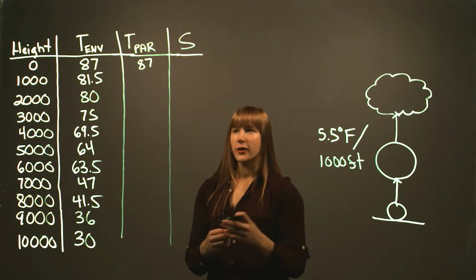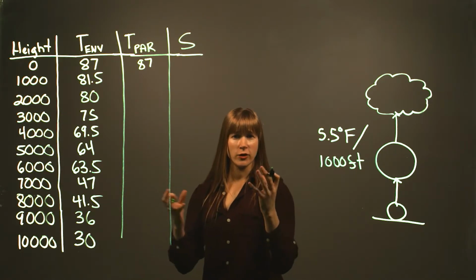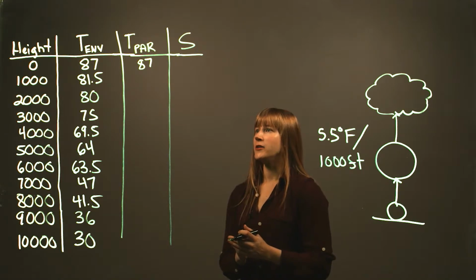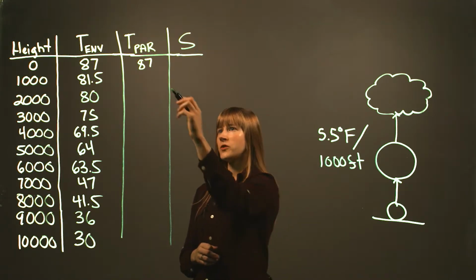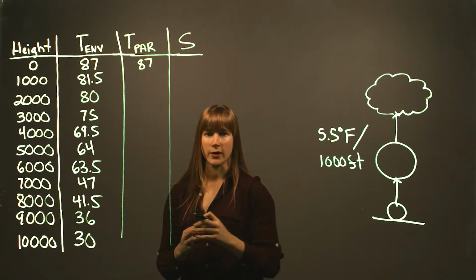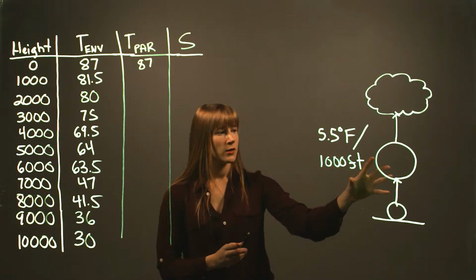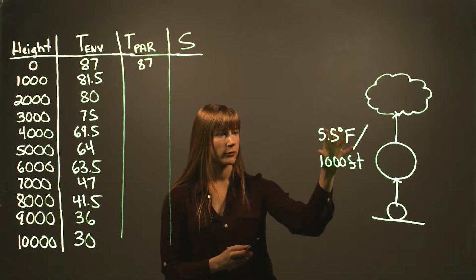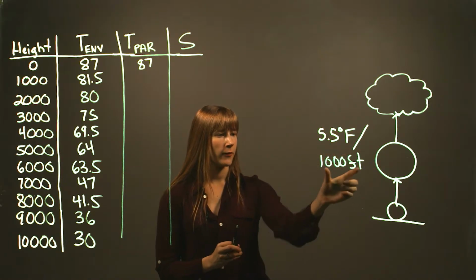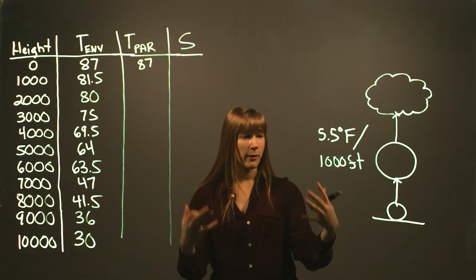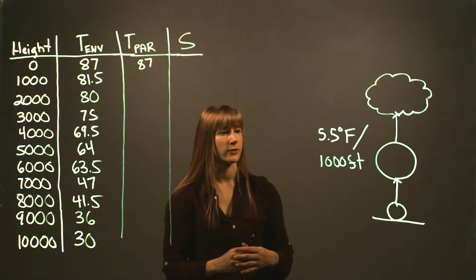Now, if you have a calculator, great, and you can do this in your head as well. If you are doing this in your head, it might be easier to work in 2,000 foot increments and then fill in the pieces in the middle. If the air parcel is cooling down 5.5 degrees Fahrenheit for every 1,000 feet it rises, it's going to cool double that amount for every 2,000 feet.